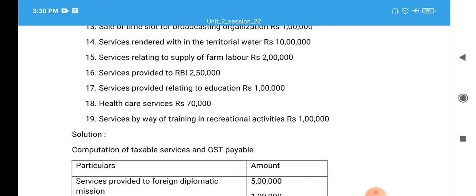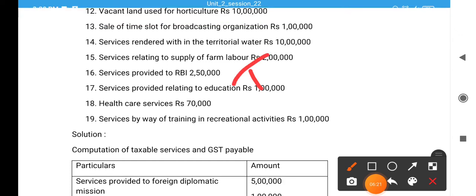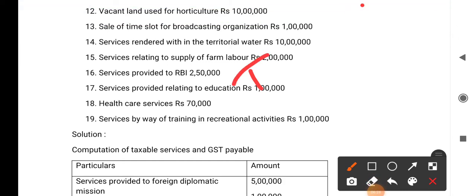Services provided to RBI is taxable, right? Yes. Services provided to RBI will be taxable because it is provided within India, whereas services provided by RBI is exempt from tax. Please note that point.